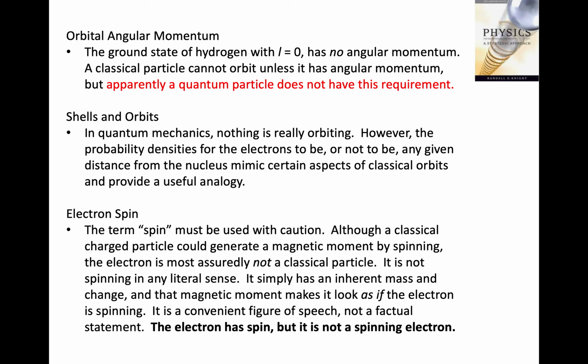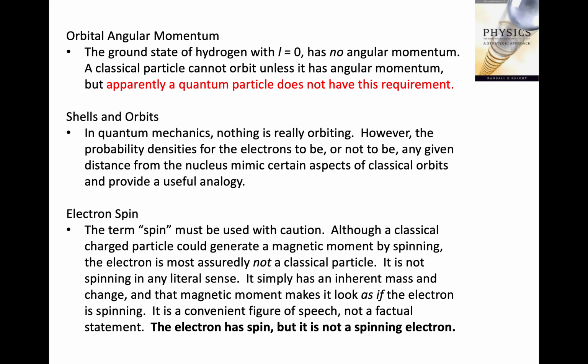A classical particle cannot orbit unless it has angular momentum, but apparently a quantum particle does not have this requirement. There's a discussion of what a particular property is and how to think about it classically, but then pointing out that that's not the same when we think about it quantum mechanically. We have a particular property, but it's dissimilar in terms of the explanation.